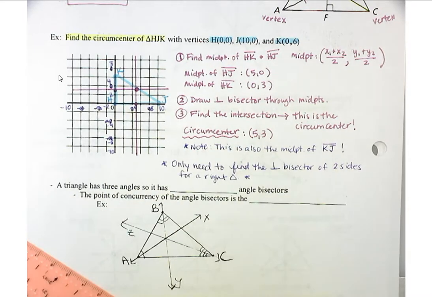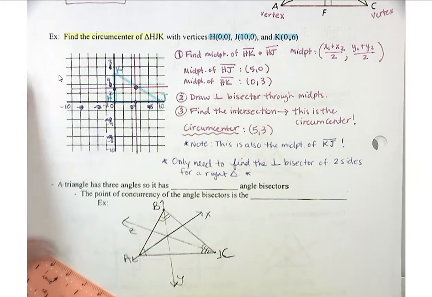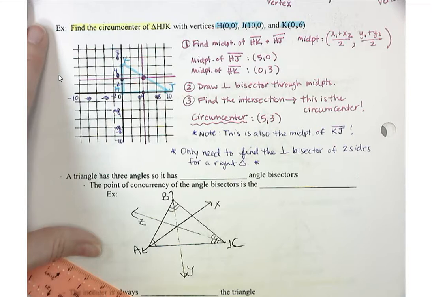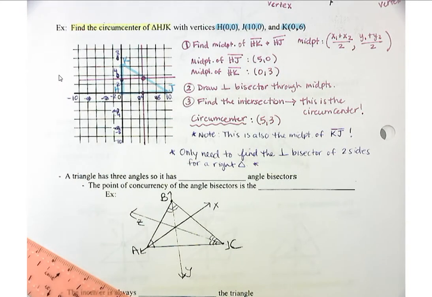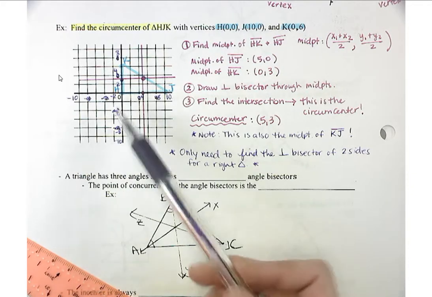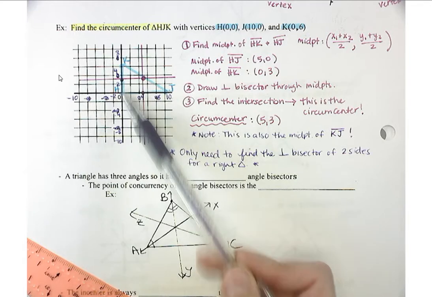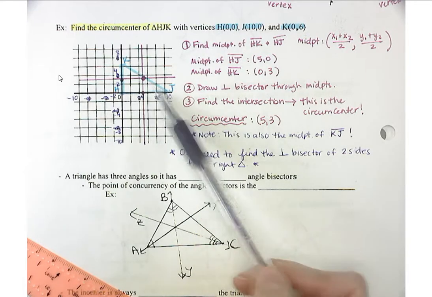And that's because they should always intersect on the triangle. And when they intersect on the triangle, they're going to intersect on the midpoint of that side. Now, why did I choose to do HJ and HK instead of finding JK at the beginning?